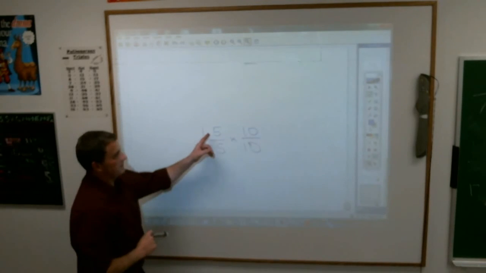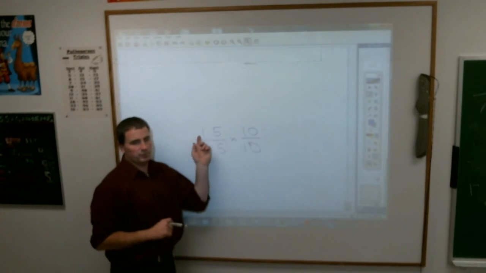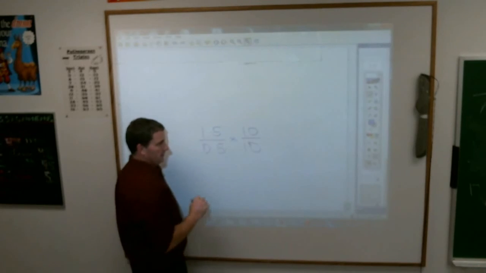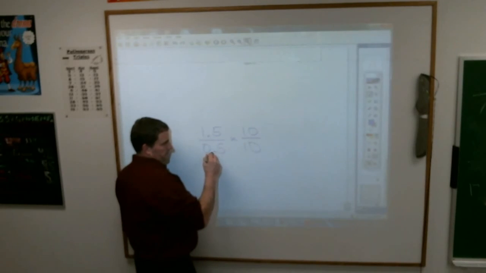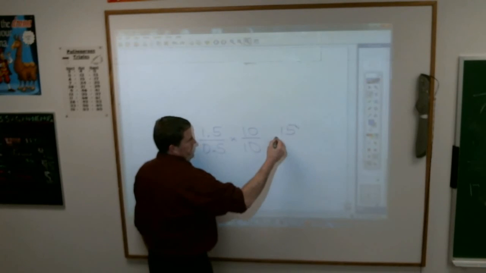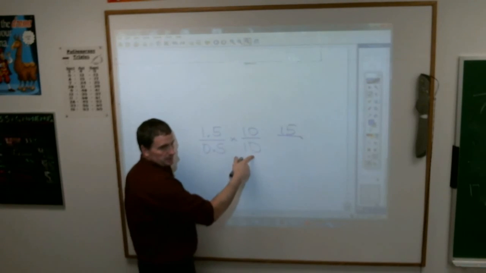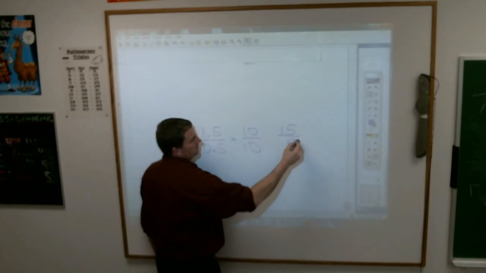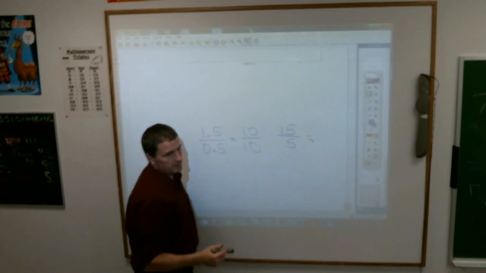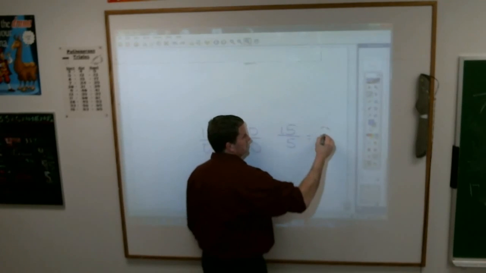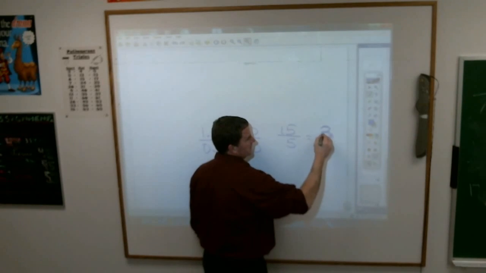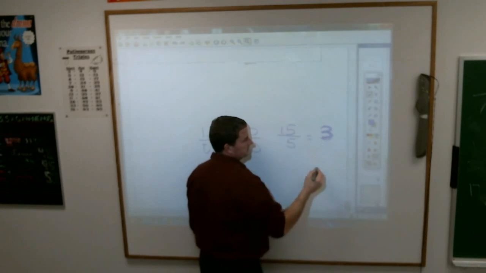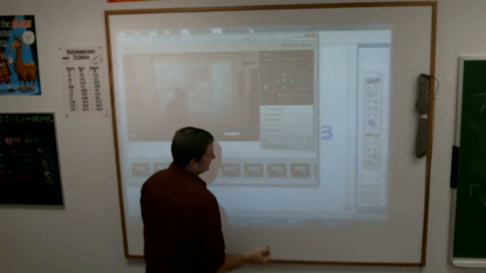Well, if you multiply the two tops together, 1.5 times 10, Brooke, is 15. 0.5 times 10 is? Sure, Brooke, 5, and then you could always do 15 divided by 5 is? Somebody say 3? Yes.